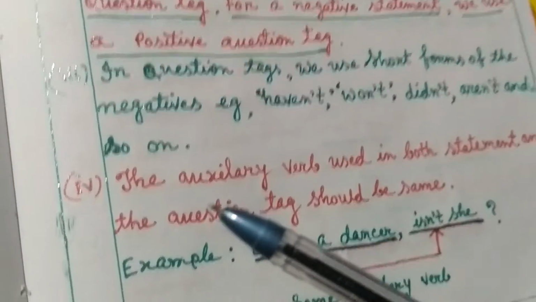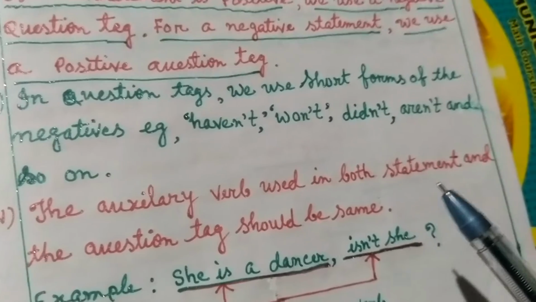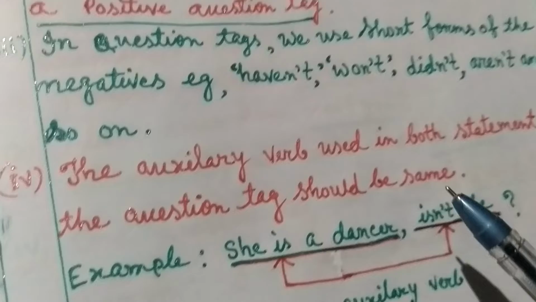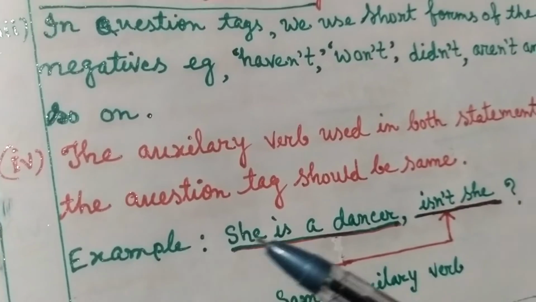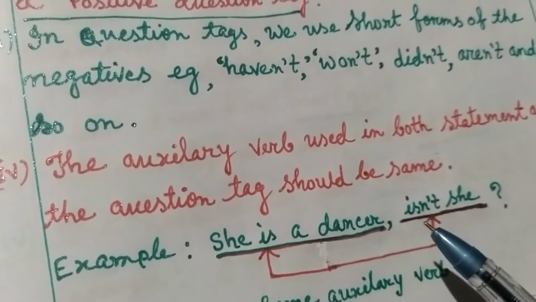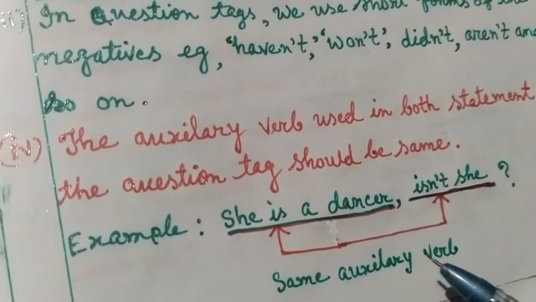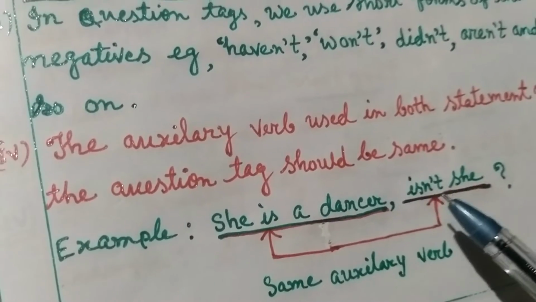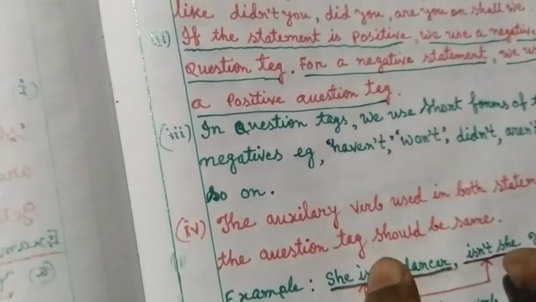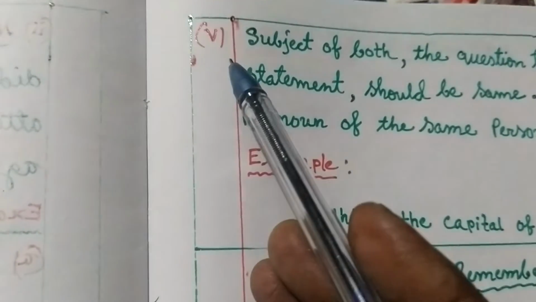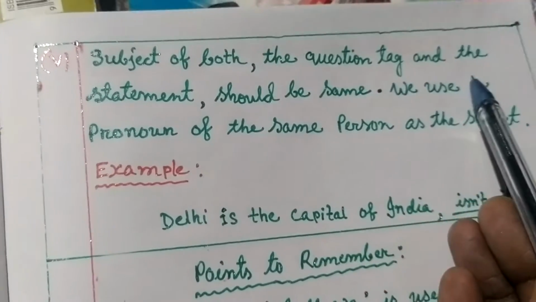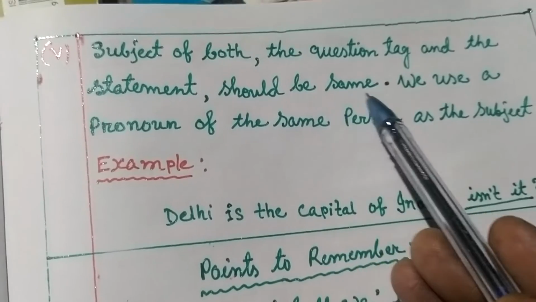Number 4, the auxiliary verb used in both the statement and the question tag should be the same. Example: she is a dancer, isn't she? So the same auxiliary verb is used. So is here, isn't is here. Now students, point number 5: the subject of both the question tag and the statement should be the same.